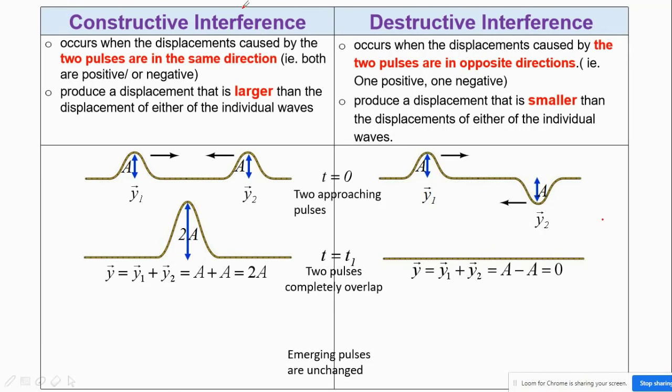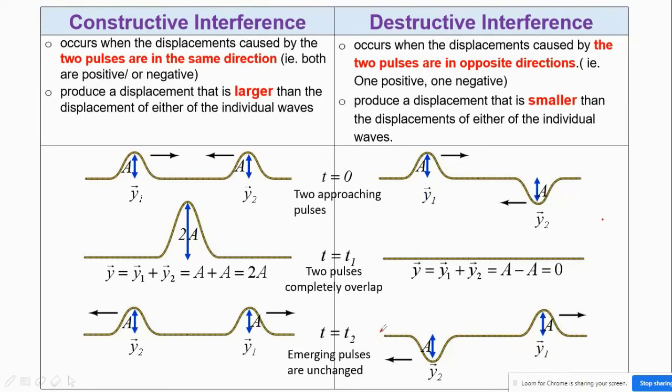For constructive interference, they will overlap and combine, becoming a larger amplitude of 2A. But for destructive interference, they produce zero amplitude. Next stage, at t equal to t2, both emerging pulses will remain unchanged.